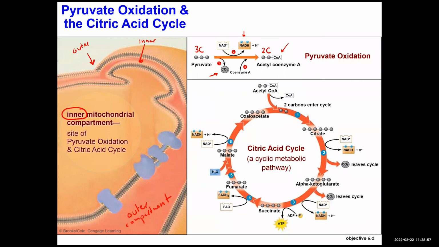So this is our cyclic pathway. That means we have two initial reactants this time. We have the acetyl coenzyme A that we got from the pyruvate oxidation cycle. And we also have oxaloacetate. So there are two things we need to make this work.